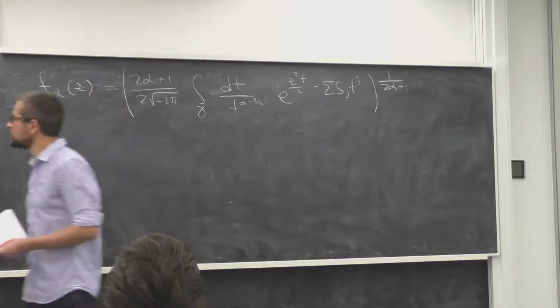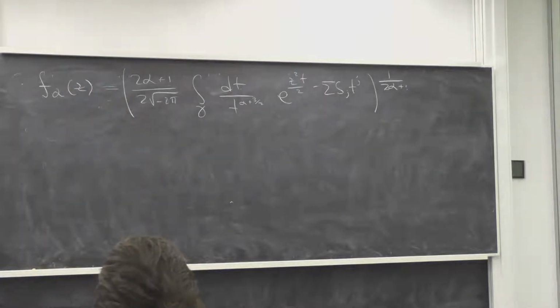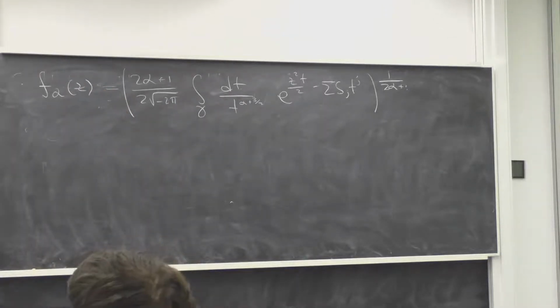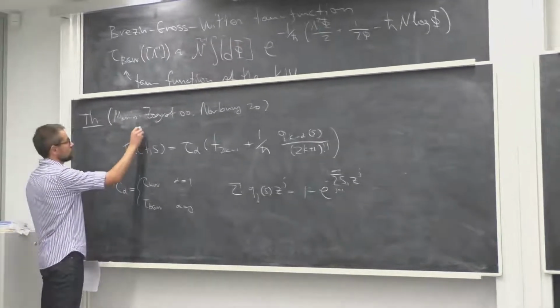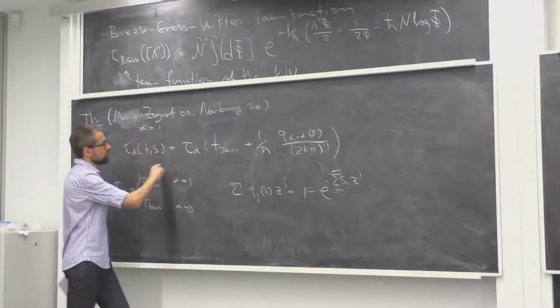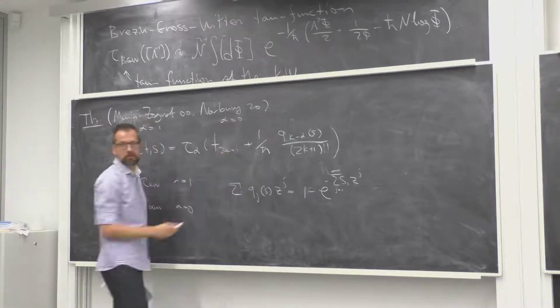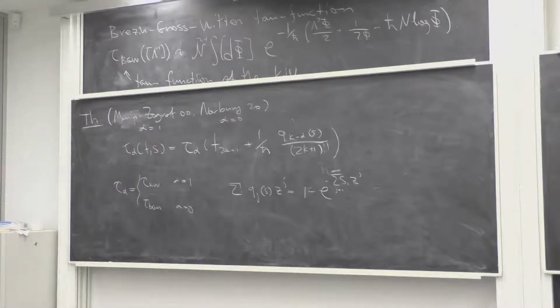In which sense is that theorem attributed to Manin-Zograf and Norbury at the same time? So this is for alpha equal to 1 and this is alpha equal to 0. But in any case, this theta class was already defined some years ago.